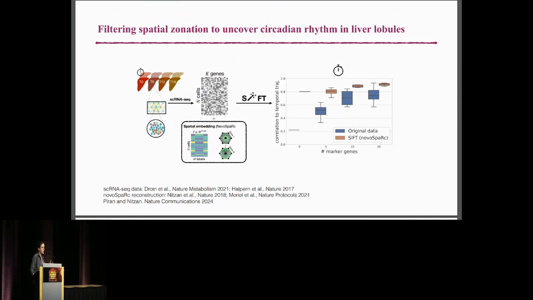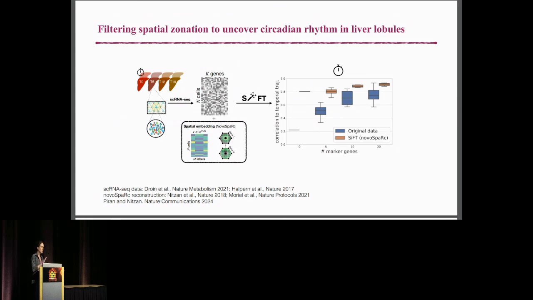On the x-axis, you see how many additional genes we need to use, or the size of the reference atlas, or you can think about it as the strength of the additional priors that we use. In blue, you can see how well we do in reconstructing this temporal progression from the original single cell data. And in orange, what we get when we first filter out the spatial zonation signal.